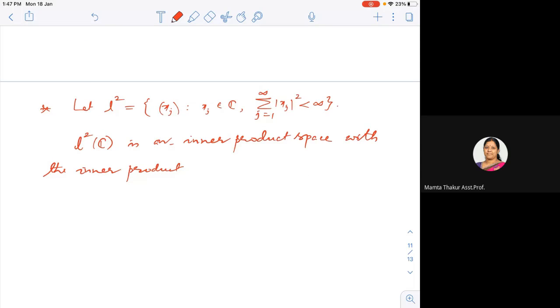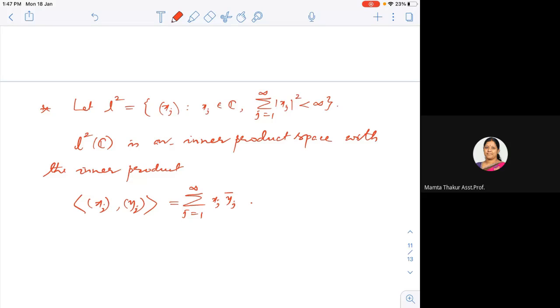So inner product of xj comma yj, the inner product of these two sequences, being equal to sigma j is equal to 1 to infinity xj yj bar. So this is the inner product which we are defining.